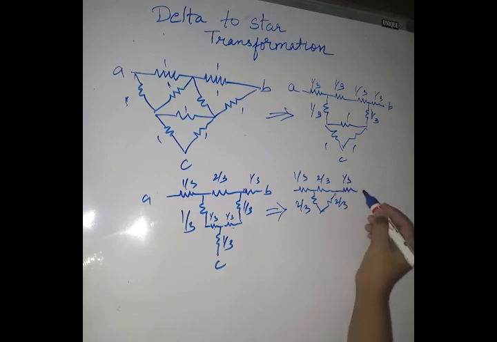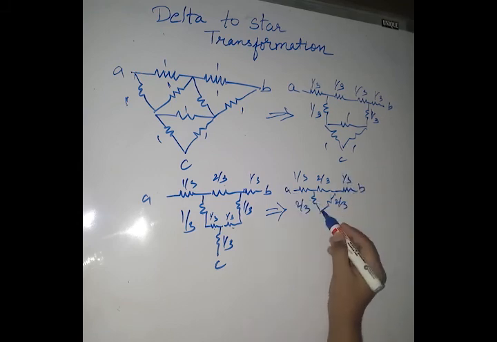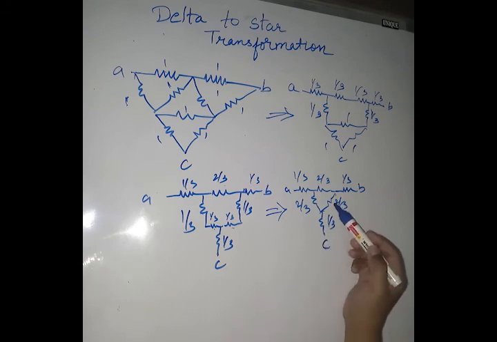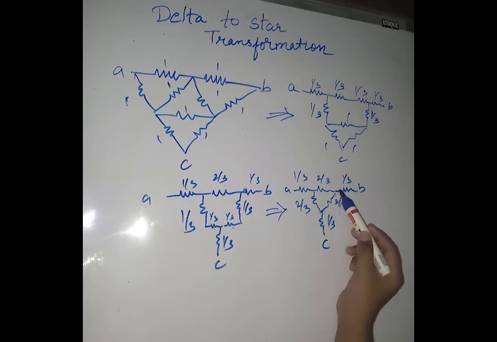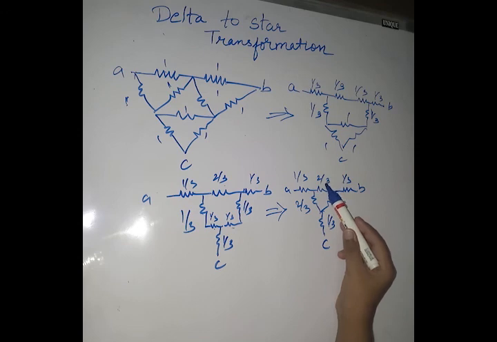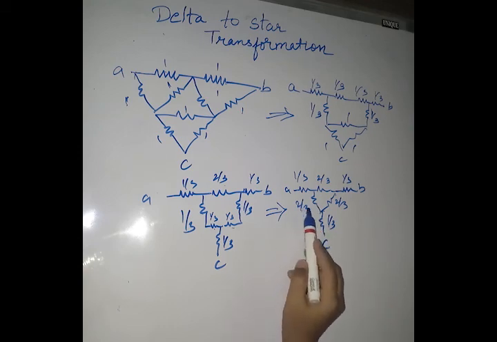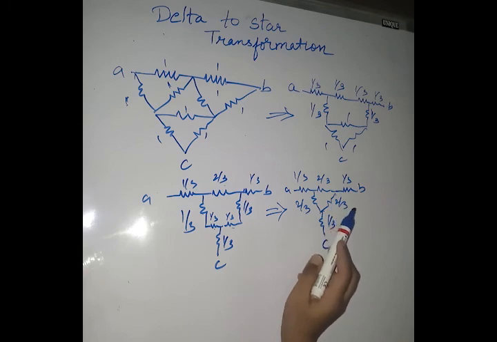This is 1 by 3, A, B, and this is 1 by 3, and this is C. So again there is a delta network, we can convert this into star. So 2 by 3, 2 by 3, 2 by 3, all are equal resistors, so it will be 1/3 of this value. So 2 by 3 into 1 by 3, it will be 2 by 9.